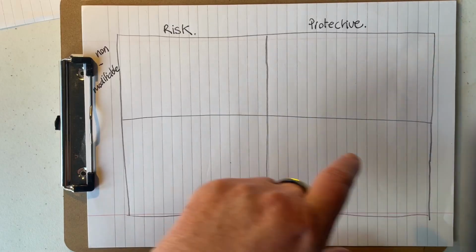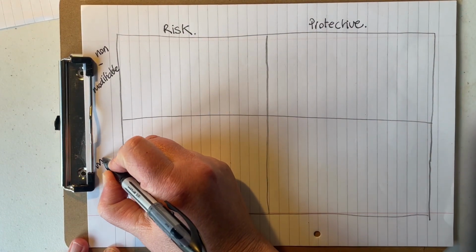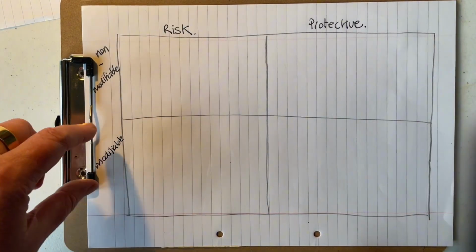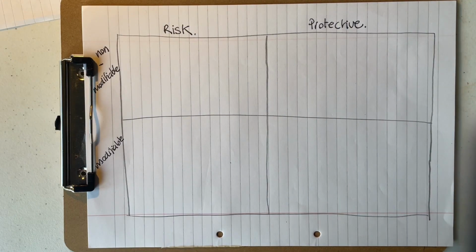And then the bottom row is modifiable, things that you can change. Okay, hopefully you'll understand it more as I go through.